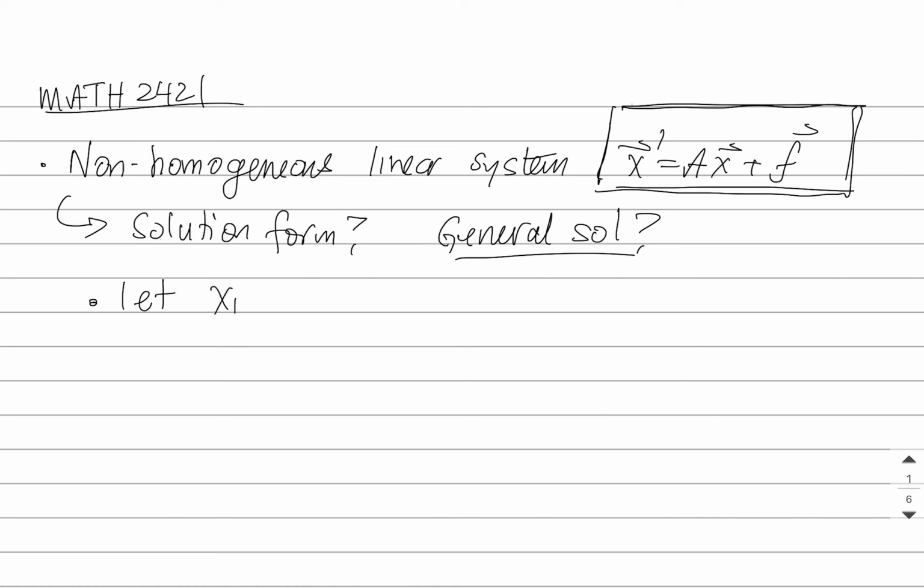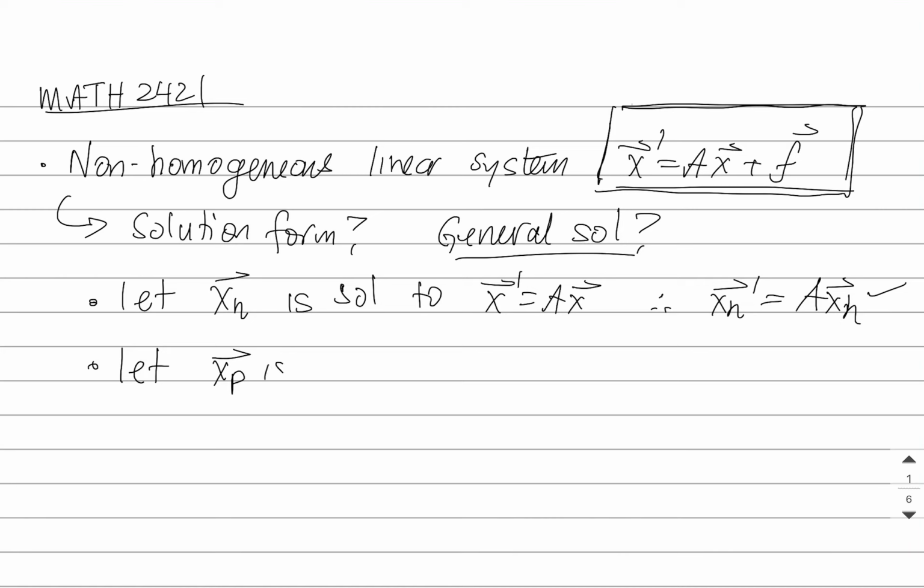So let's say that XH is the solution to x prime equals AX, the homogeneous problem. That means anytime I plug in this XH, it will satisfy this differential equation. Let's say that XP is a particular solution when the homogeneous solution is the trivial solution.